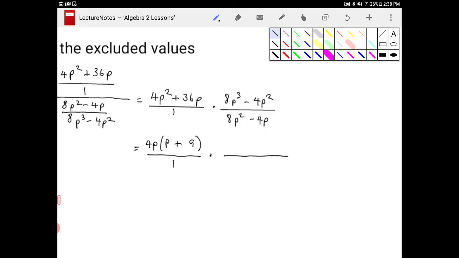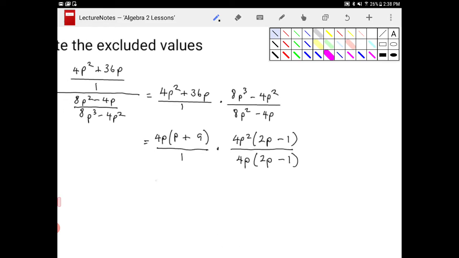In the numerator of the second fraction, I can factor out 4p squared, and I'm left with 2p minus 1. In the denominator, I can factor out a 4p, and I'm left with 2p minus 1.